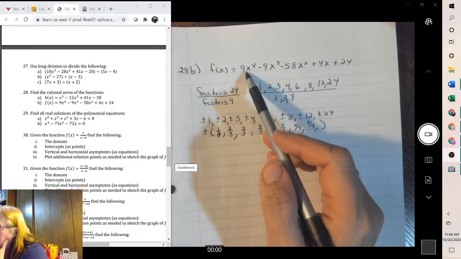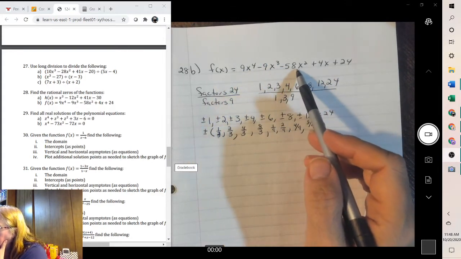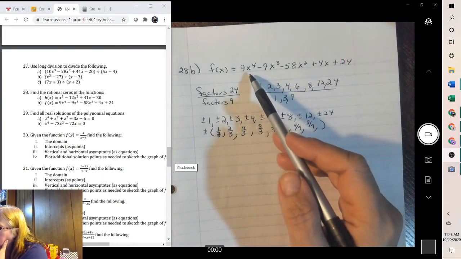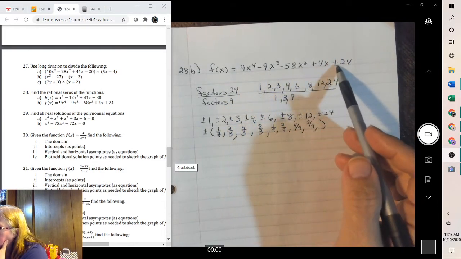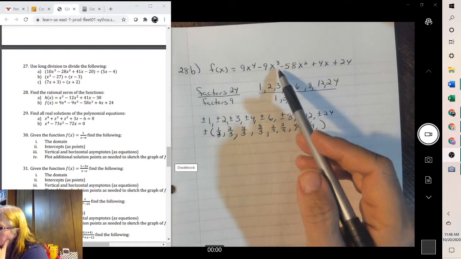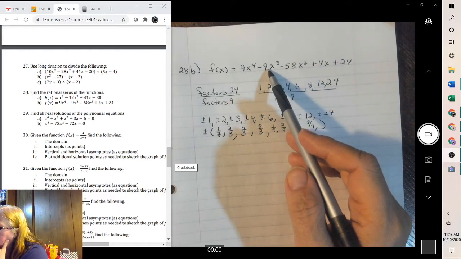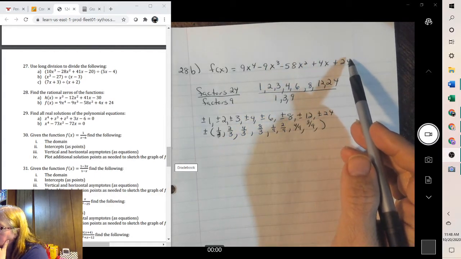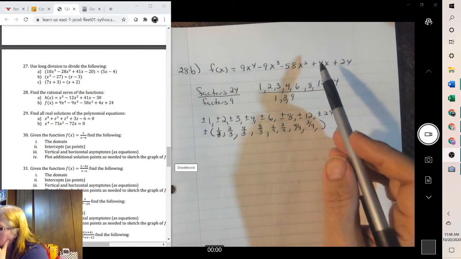If we plug in 1, 9 and 9, that cancels. 58, 1 will not work, which means negative 1 probably does not work either. 9 and 9 is 18. Yeah, it's not going to work.